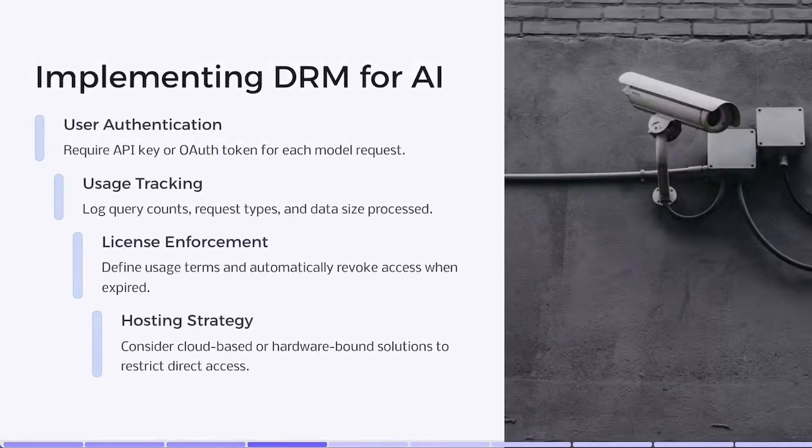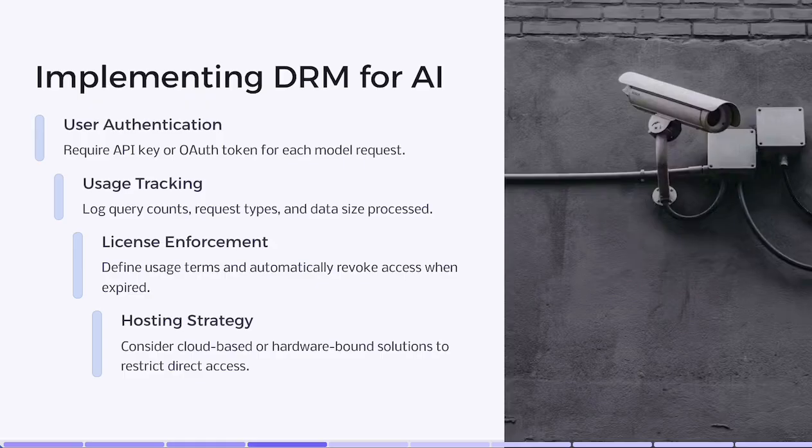Here is a step-by-step approach to implementing DRM for your model. Number 1 starts with user authentication. Require an API key or OAuth token for each request to the model. Tie each key to a specific license or usage agreement. Number 2 is usage tracking and metering. Log query counts, the type of requests, and possibly the data size processed by the model.